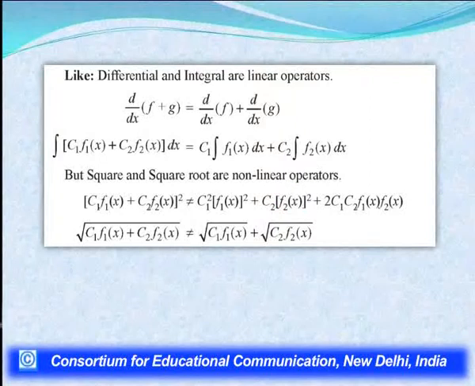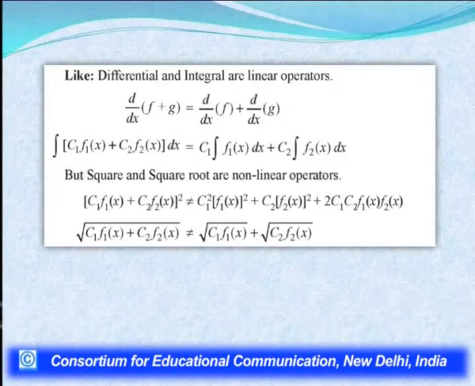Differential and integral are linear operators, whereas taking the square or the square root is never a linear operator. Suppose I take the differentiation of f plus g, then it would be d by dx of the first function plus d by dx of the second function.